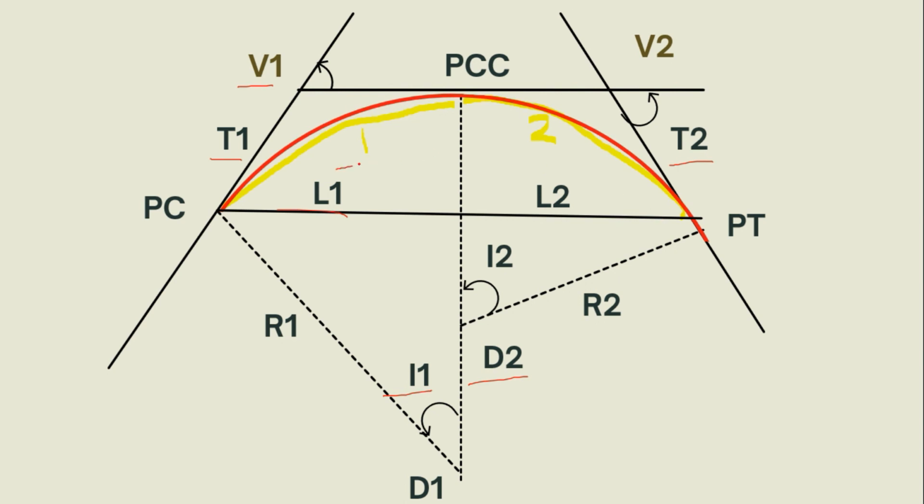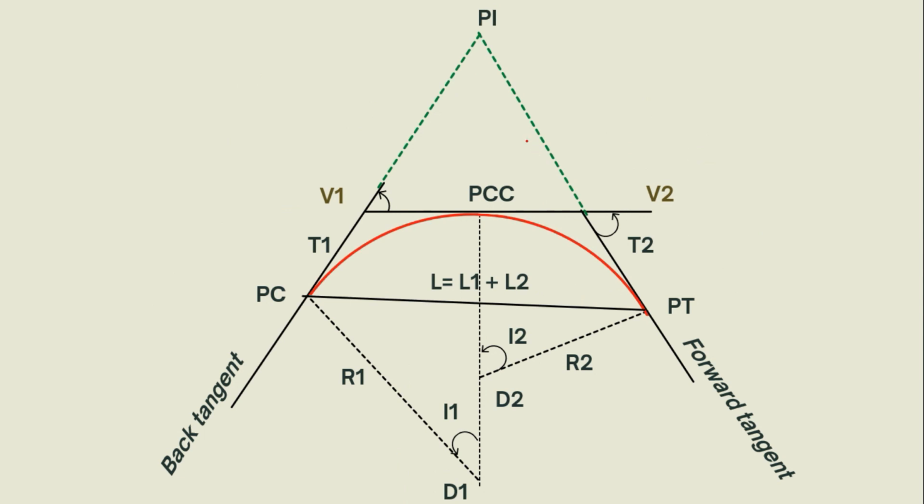Here, this is T1 and T2. This is the vertex V1, V2. This is the point of curvature and this is the point of tangency. The line that connects the PC and PT is the length of the curve. So this is L1 and L2. The length of the long chord, so L1, L2.